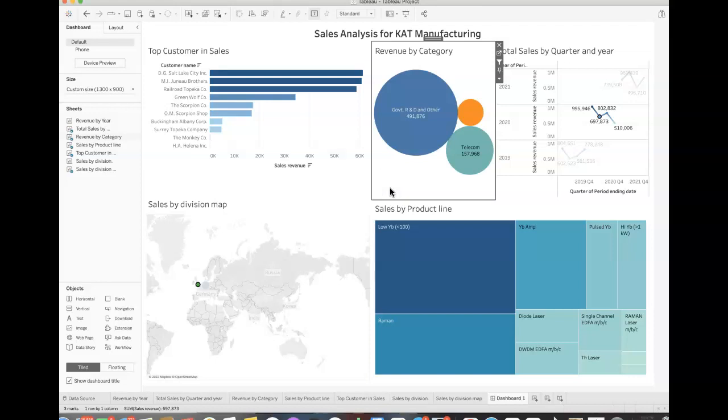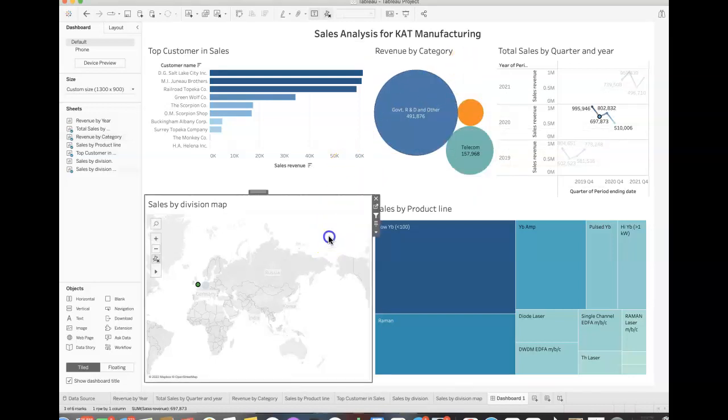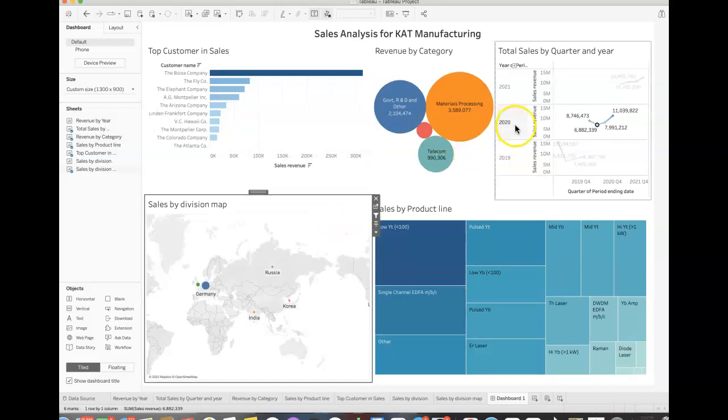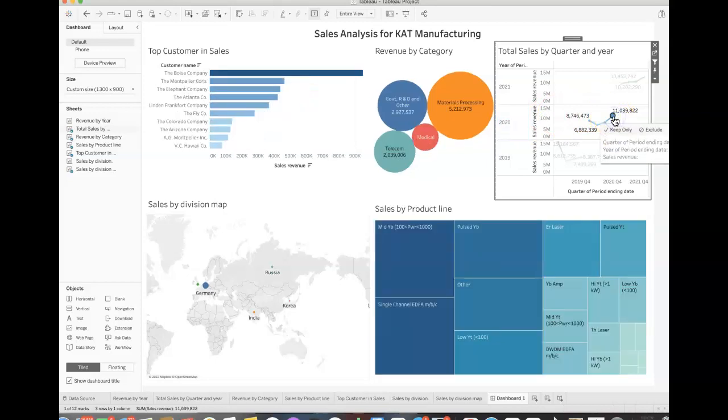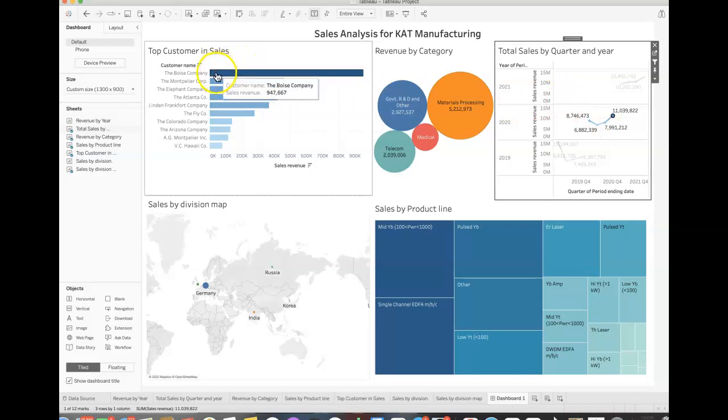Question 6, who is Cat Manufacturing's top customer in the fourth quarter of 2020? Let's get out of the UK. 2020, fourth quarter, the top customer was Boys Company.